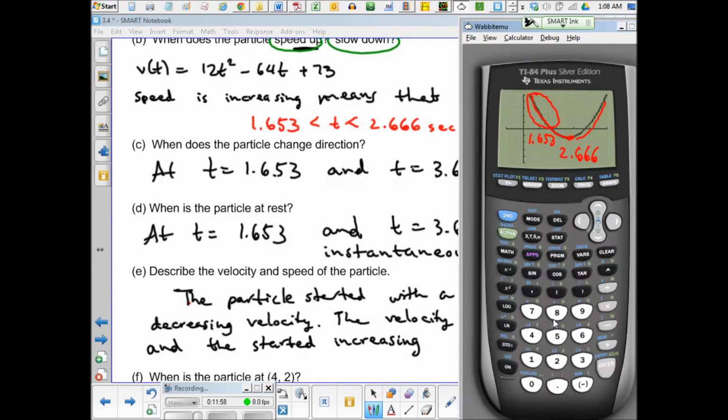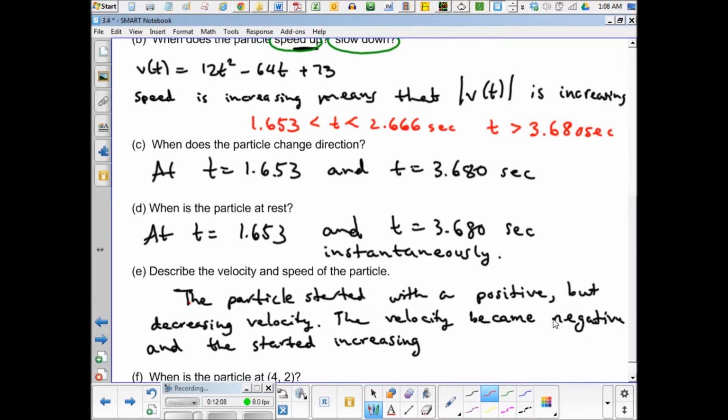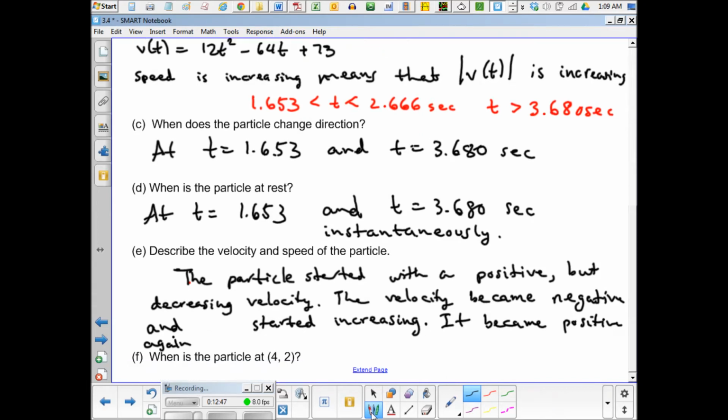So the velocity became negative and then started increasing. It became positive again. Increased indefinitely.